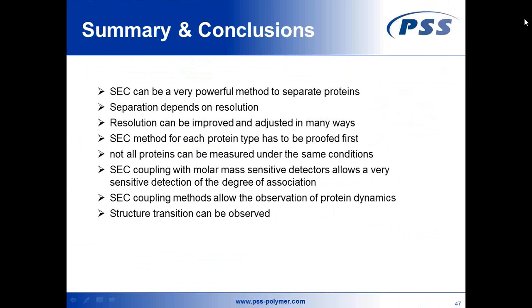That's what I showed in my last example. First of all, you get the elution volume, indicating this is high molar mass material coming off the column.